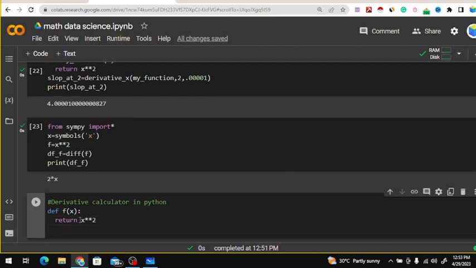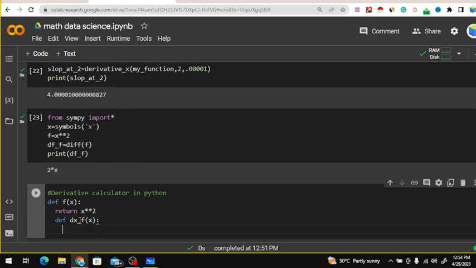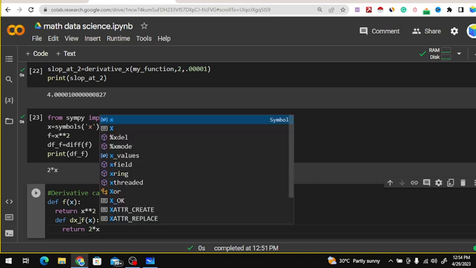And if we want the diff, dx_f(x): return, and now we get a slope.